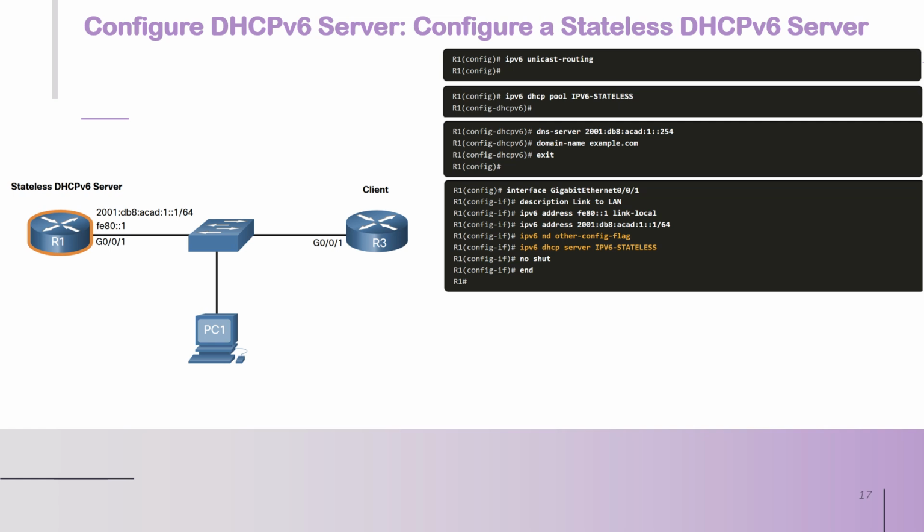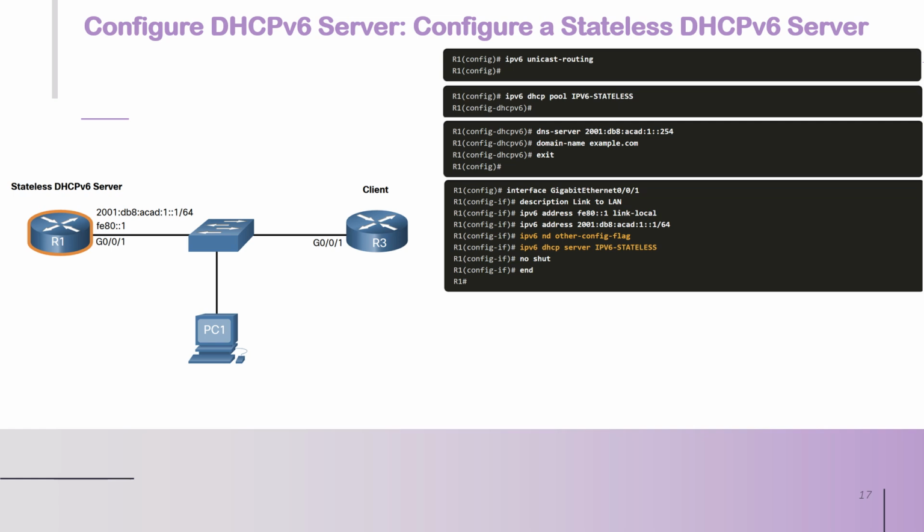And you also have to configure the flag, which means that the O flag needs to be manually changed from 0 to 1 using the interface command ipv6 nd other-config-flag, because the router advertisement message sent on this interface will indicate that additional information is available from a stateless DHCP version 6 server.